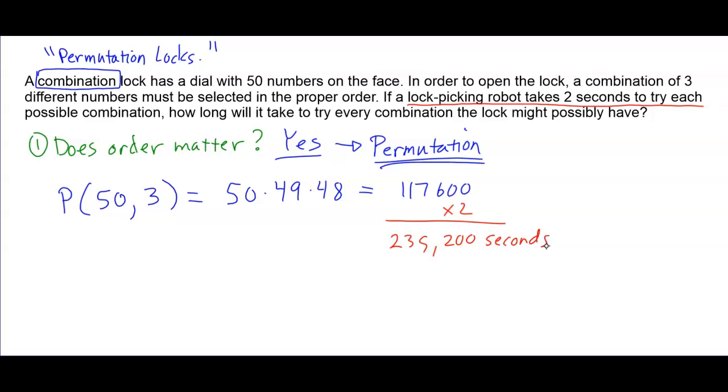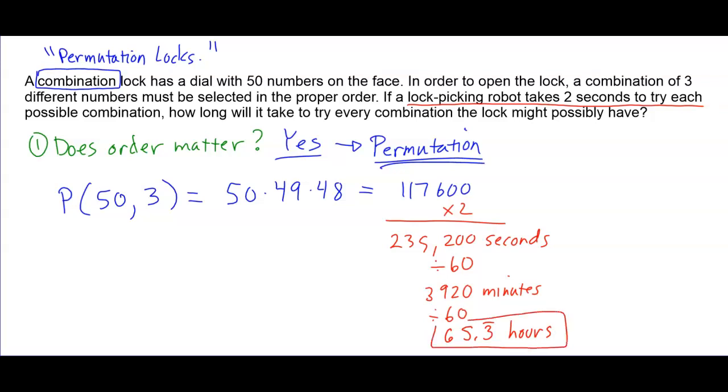Well, I don't really know, so I'm going to divide by 60 to turn it into minutes. So let's see, divided by 60, we're down to 3,920 minutes. Well, that's still a long time. Let's divide by 60 again and get down to hours. So that's going to be 65 and a third, 65.3 repeating, hours.